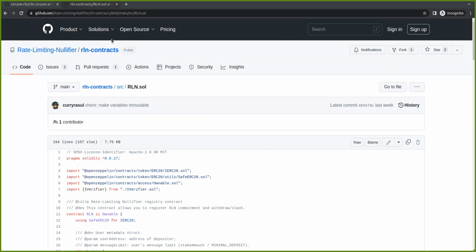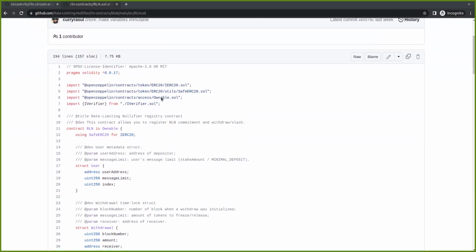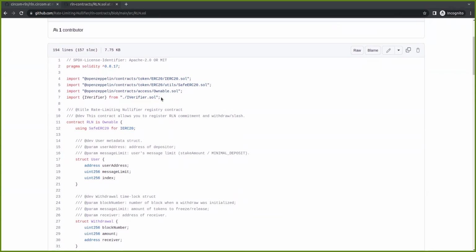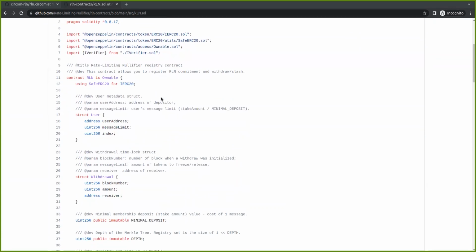For each dApp there is a message limit. Is the message limit right now per user or per dApp? In general, I would say it's per user, because it's a private input. It's just hashed together, and the rate commitment is calculated.